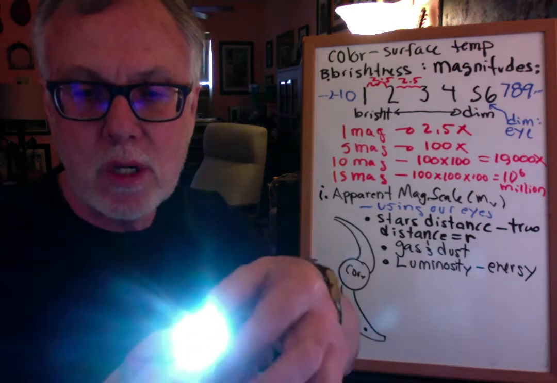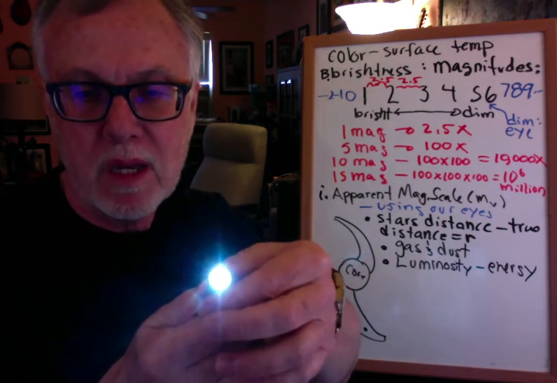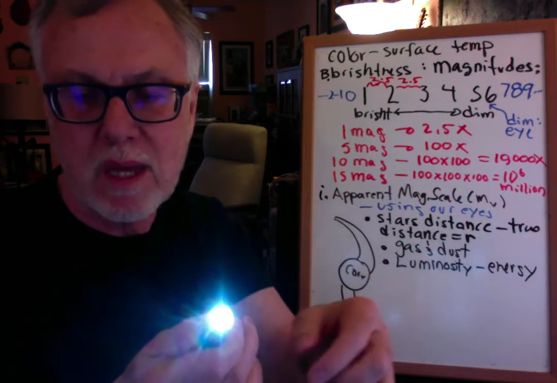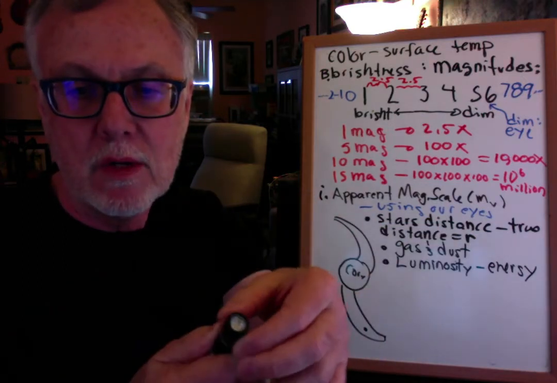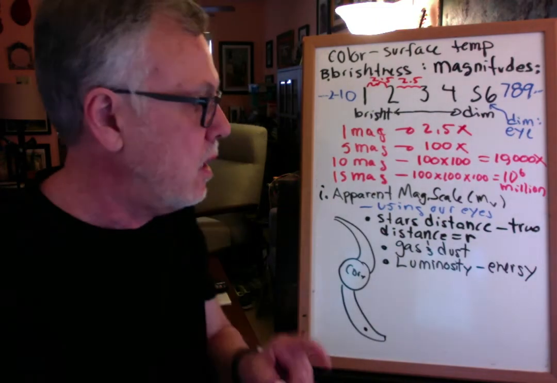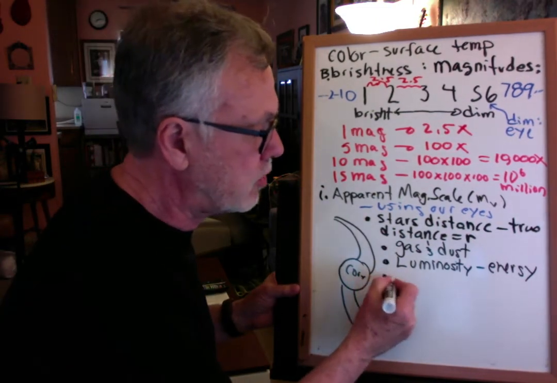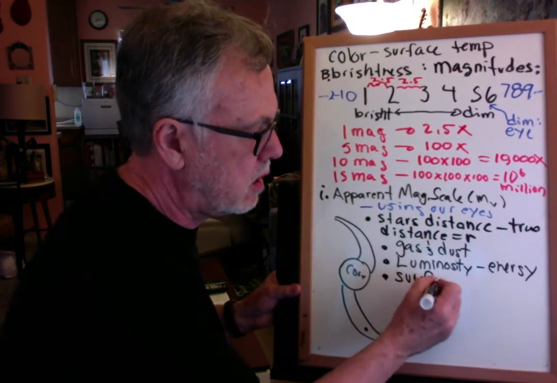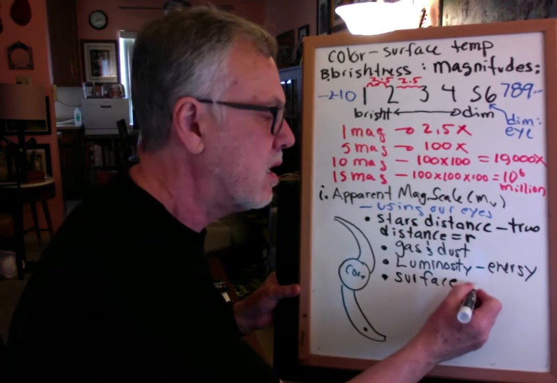But imagine if this flashlight was multiplied by 1 billion times. How bright that would be. So certainly another thing that will affect how bright things are is the star surface area, because stars do vary in their sizes.